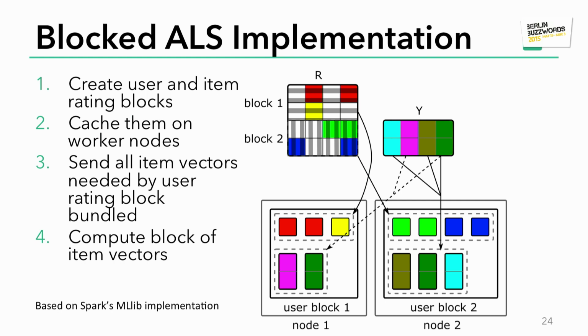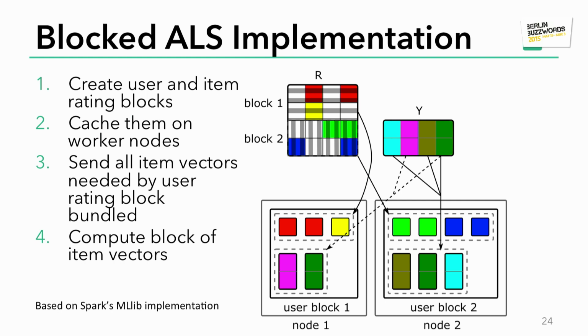Once we have done that, we can also group all the item vectors which we need to calculate the updated values for these two users, so basically the second and fourth item vector. But it's important to note that all these item vectors are sent at most once. So this drastically reduces the amount of network traffic you have.